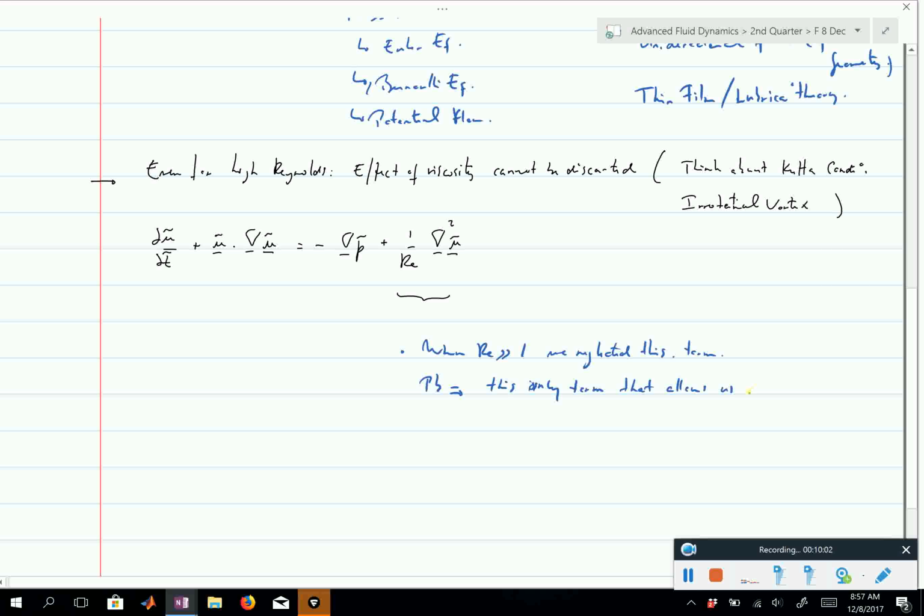So if you neglect that, you can no longer mathematically impose no slip, which is a problem.